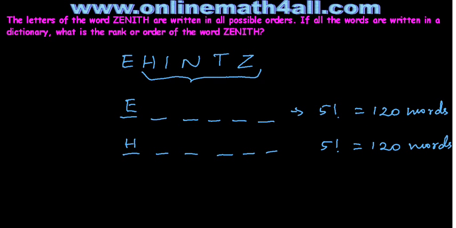The same thing we can do for I, N, T, Z. Starting with I we will get 120 words, starting with N we will get 120, starting with T we will get 120, starting with Z 120. So if you sum all these, you will be getting 720 words, because that is the total number of words which can be formed with the letters of the word zenith. Okay students, I'll do the rest of the problem on the next page.